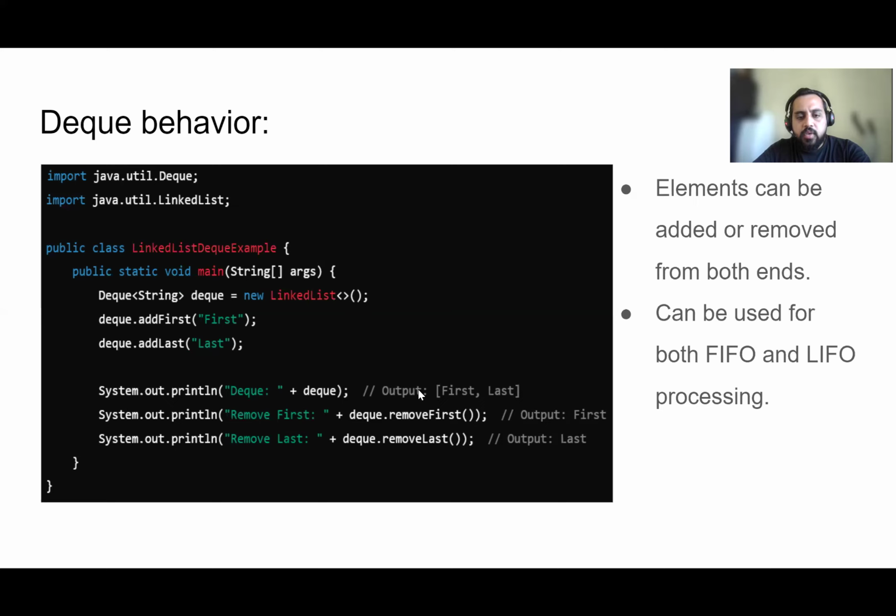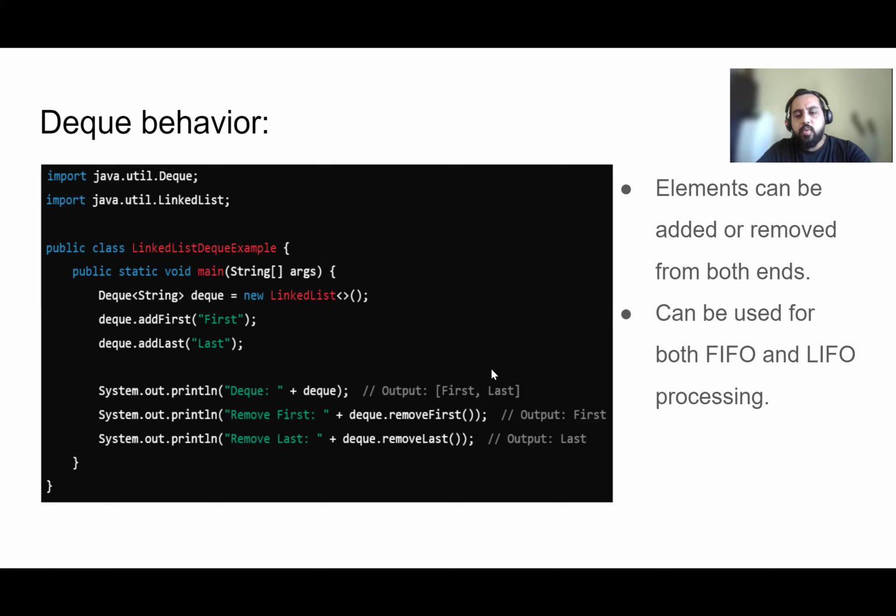When I print this DQ, it comes as first and last. While retrieving, dq.removeFirst, I removed the first element, and dq.removeLast, I get the last element and remove that last element from the list.